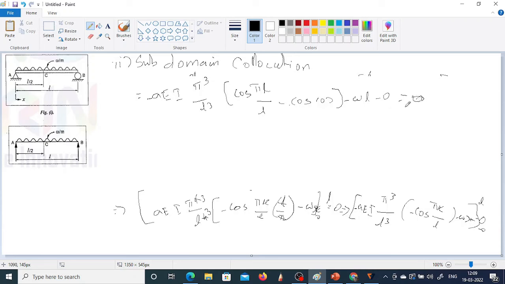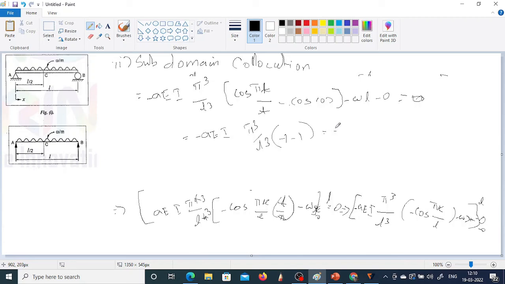Likewise I may get the form. Here now I again go to simplify, which is minus AEI pi cube by L cube, and then what is cos pi? Cos pi is equal to minus 1. What is cos 0? Cos 0 is 1, so minus 1 minus 1. After that, what happens with the minus WL?